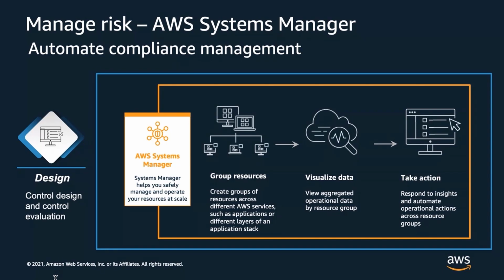It then provides you rich visualization that helps simplify operations. Lastly, it allows you to take action on those resources by providing tools to automate workflow and EC2 instance management. But it also plays an important role in enabling compliance and monitoring within AWS.